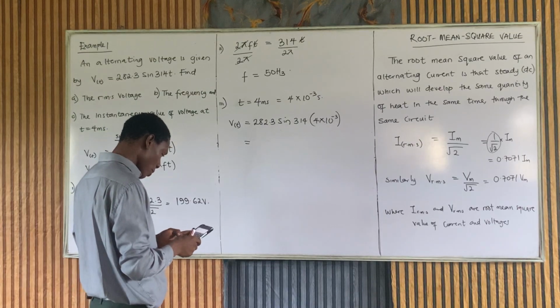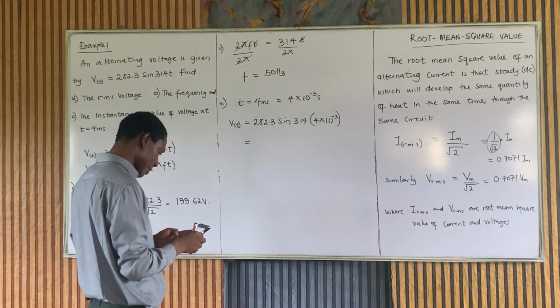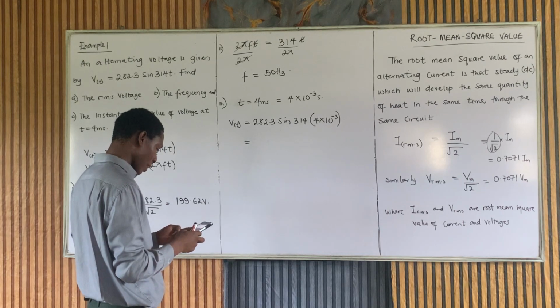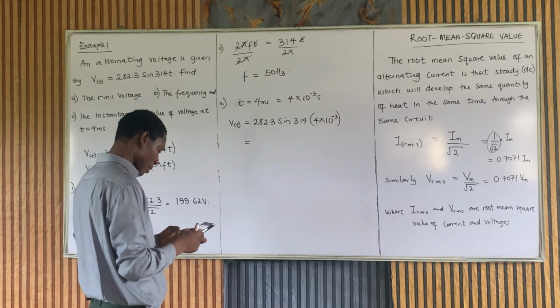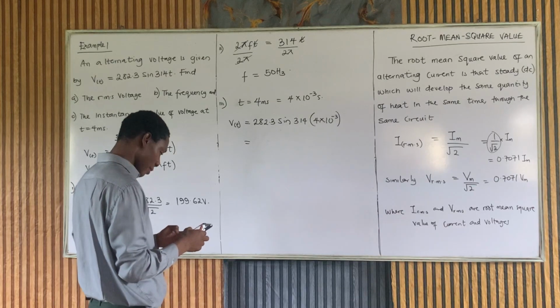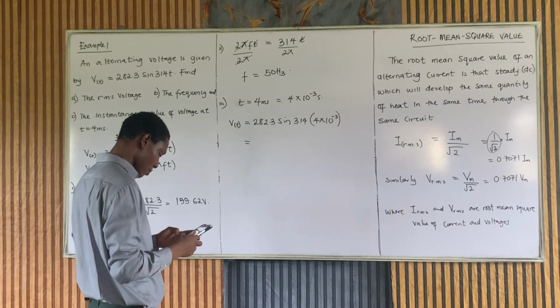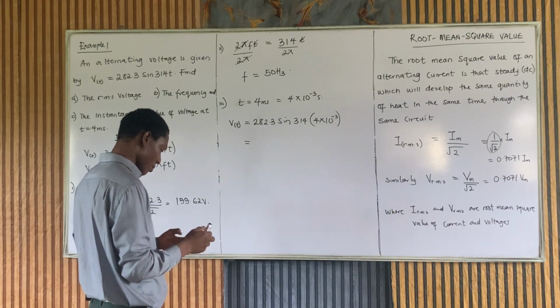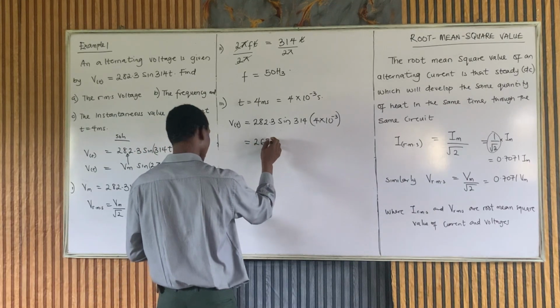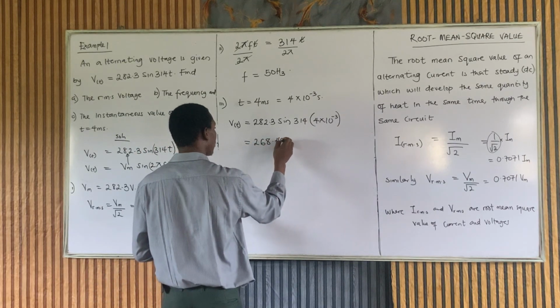So we have 282.3 sine 314 times 4 times 10 raised to the power minus 3. So this is 268.43 volts.